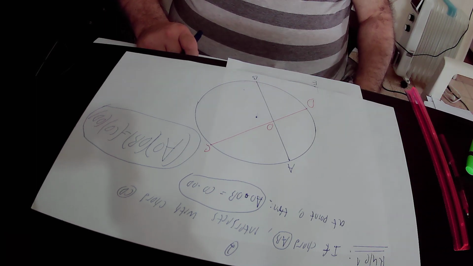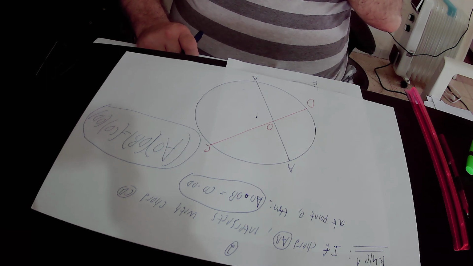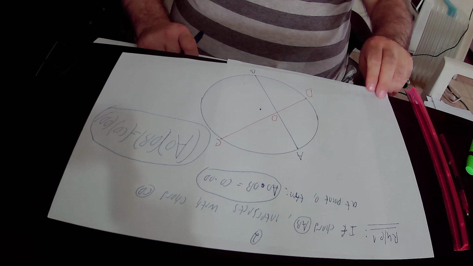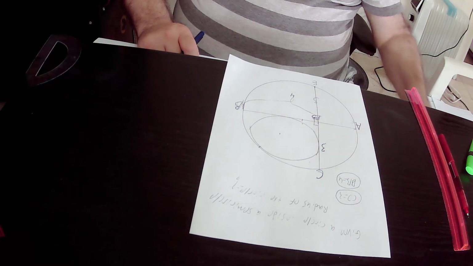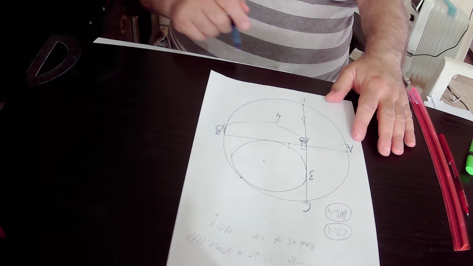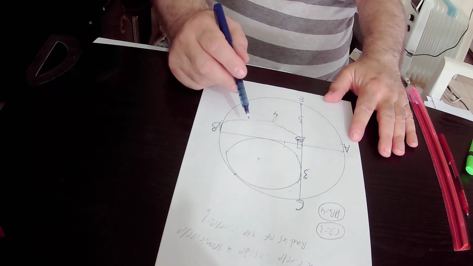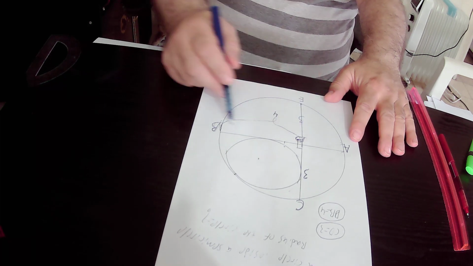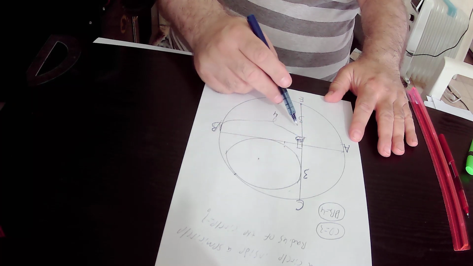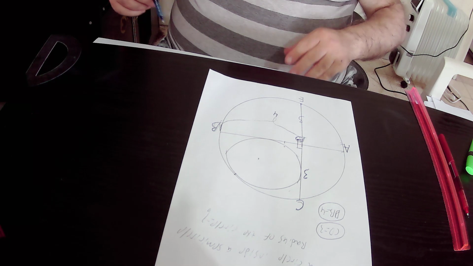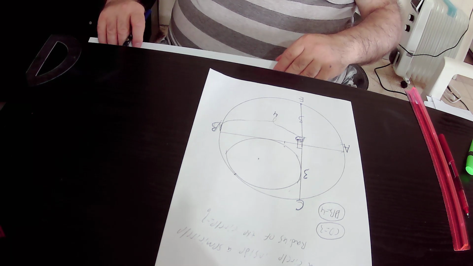Okay, so we can implement rule number 1 in our drawing, because in our drawing we have here chord AB, this is chord AB, that intersects with chord CE at point D. So I write it down.